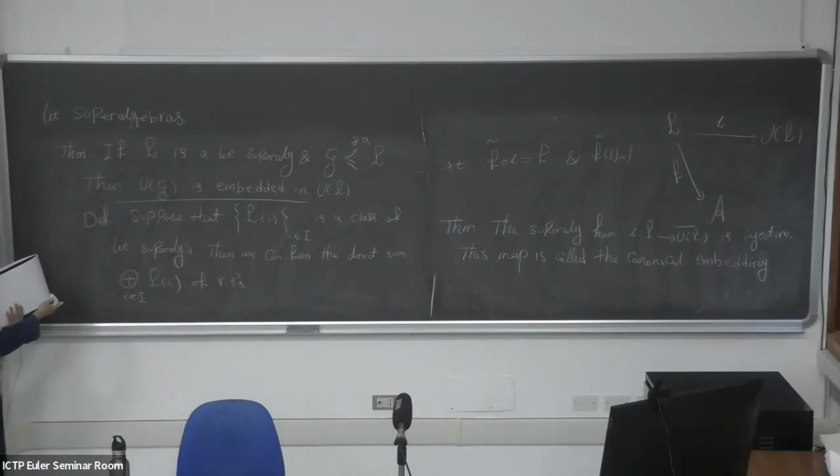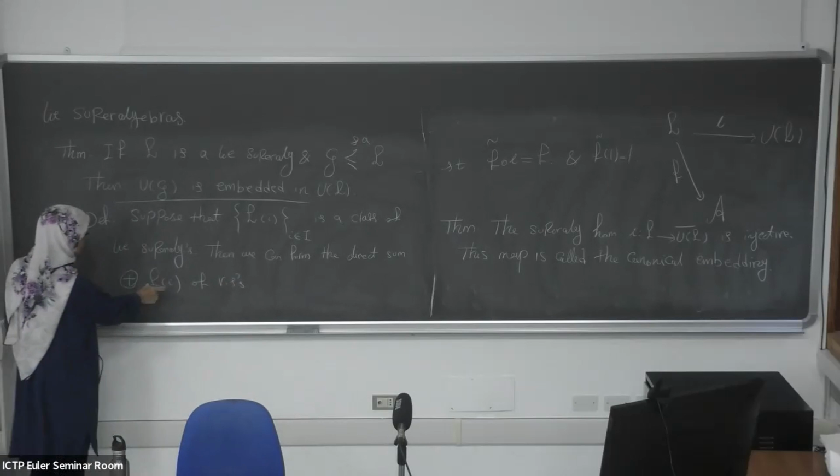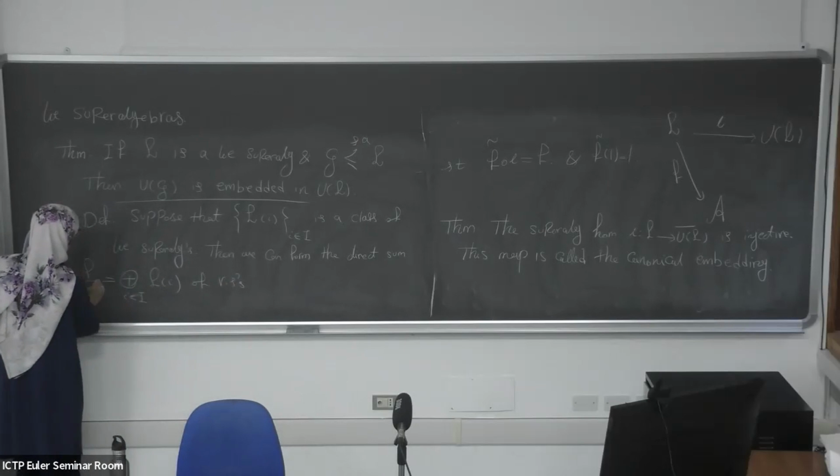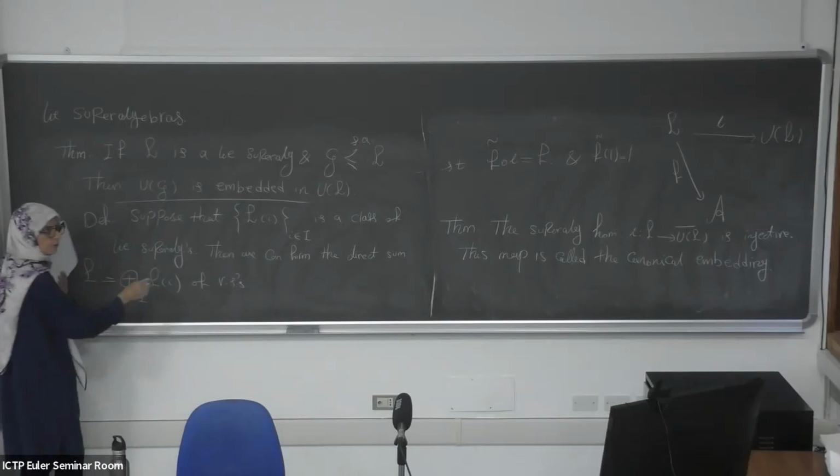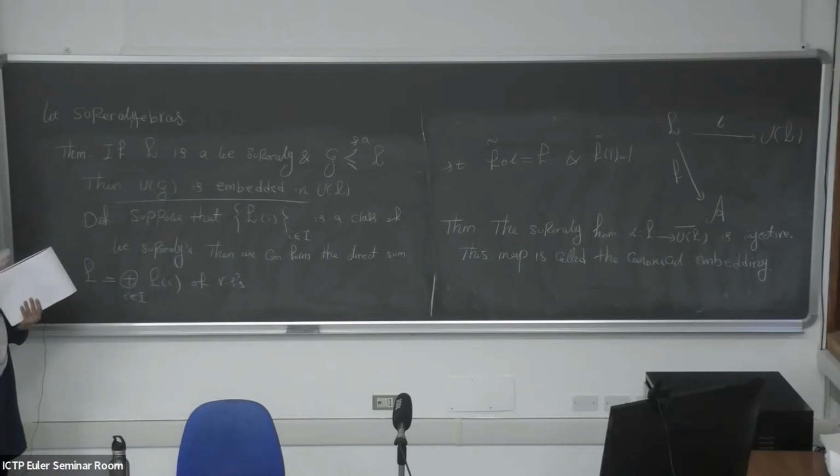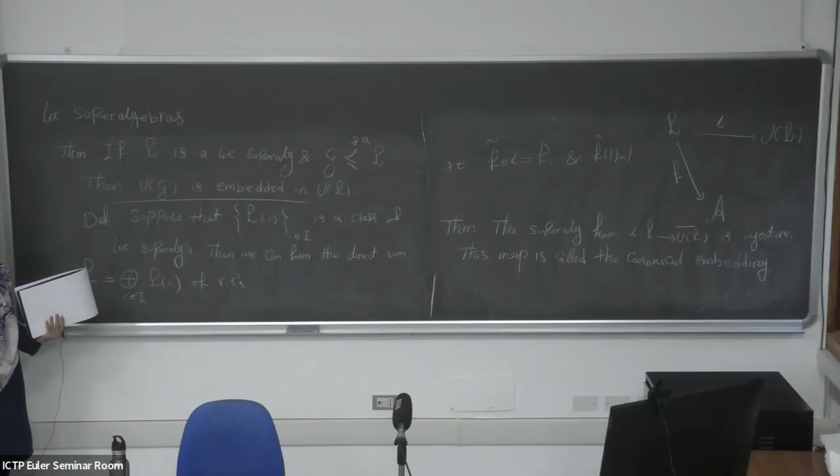But this direct sum is a superspace at first, because we just consider L0 to be the direct sum of the even parts and L1 to be the direct sum of the odd parts. And then point-wise, we can define a bracket on L, so L will be a superalgebra.